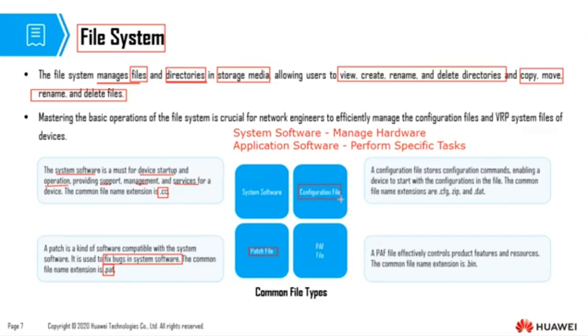Then we have configuration files. As the name suggests, configuration files are used to store configuration commands. So whenever we configure certain bits of the device, like a certain protocol, or an interface with an IP address, the file that is changed and stores those configuration commands is what we call the configuration file.